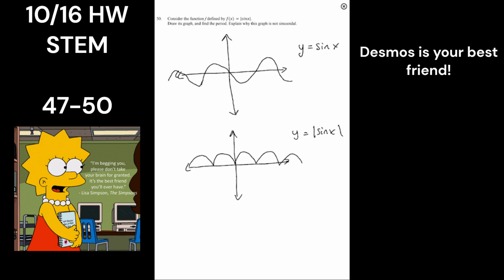And then the second part of the problem is explain why it's not sinusoidal. I looked up the definition of sinusoidal, and the first definition is having the form of a sine curve. So with that definition, it obviously does not look like a sine curve.